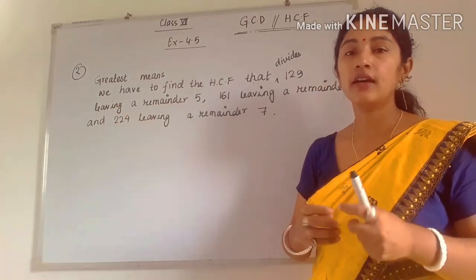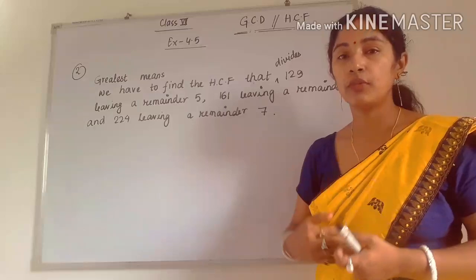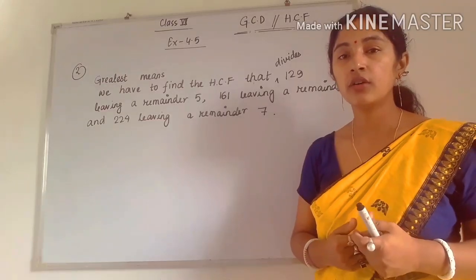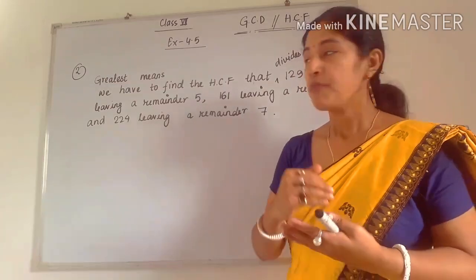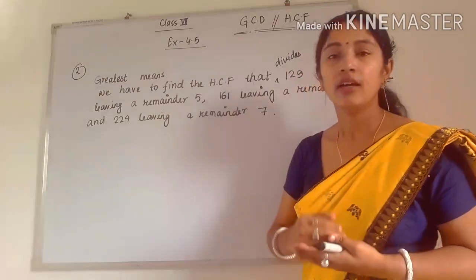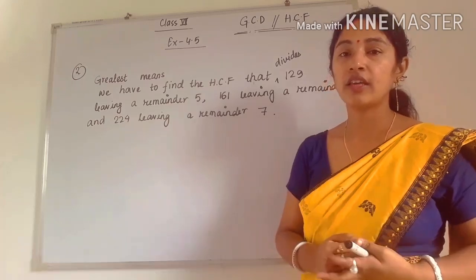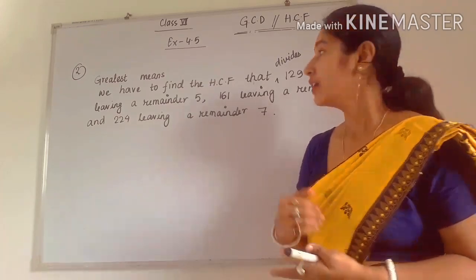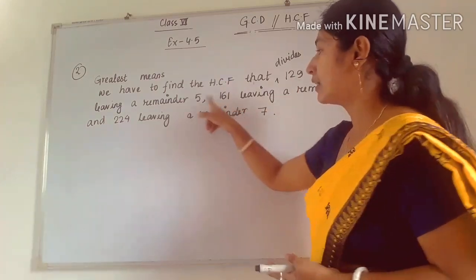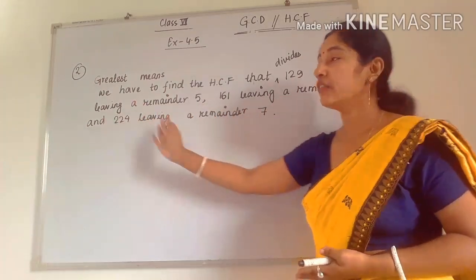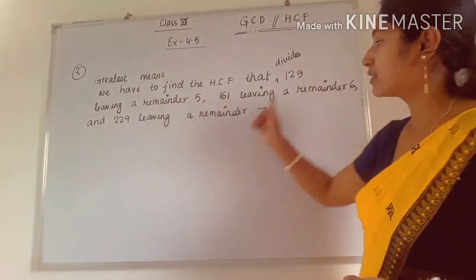So we will get three new numbers. And we will find the HCF of the three new numbers. That will be the highest common factor, or the greatest number that divides 129, 161 and 224 leaving the remainders 5, 6, 7.